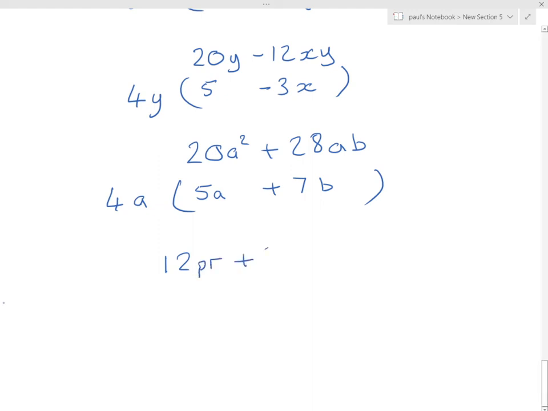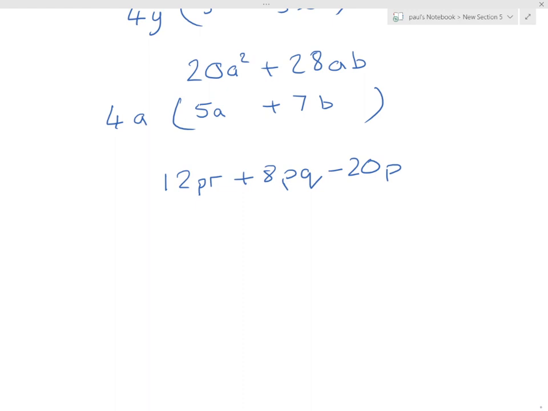12pr plus 8pq minus 20p. Whoa, we've got 3 bits here. So we need a big, long bracket. So there's a plus in that bit and a minus in that bit. So we need a common factor of all of these things, which is what goes into all of that. Let's say probably a 4, isn't it?